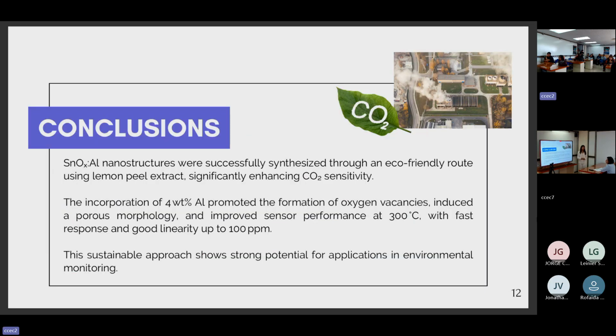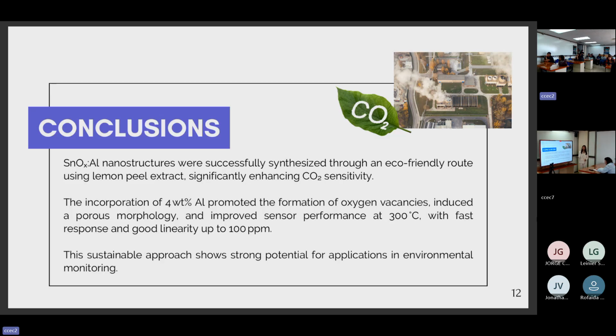So in conclusion, our gas sensing was successful with the lemon peel extract, because it has linearity, good sensitivity, good selectivity and response time. Also, the incorporation of the 4 weight% of aluminum that was mentioned before promotes the formation of oxygen vacancies induced by morphology and improves the sensor performance at 300 degrees with a fast response and good linearity.